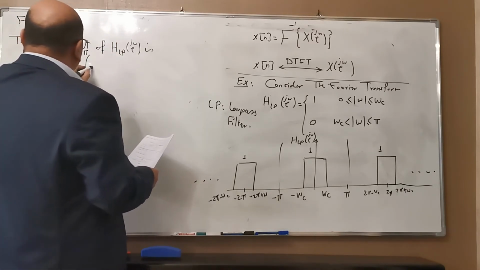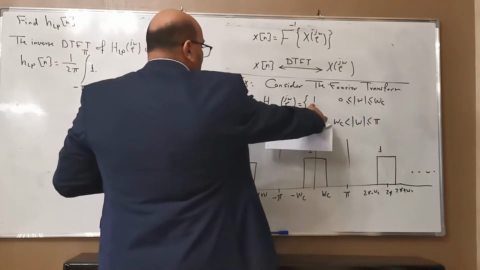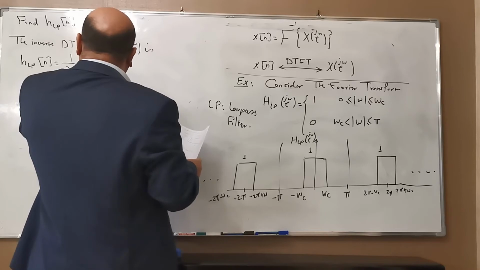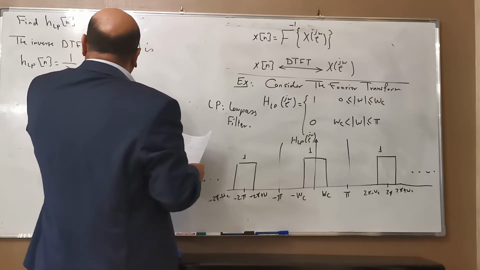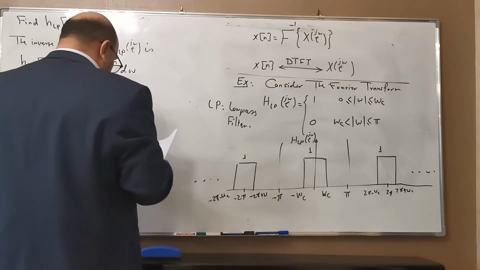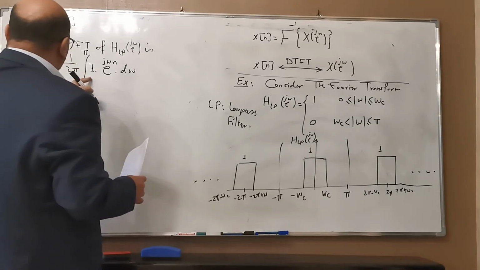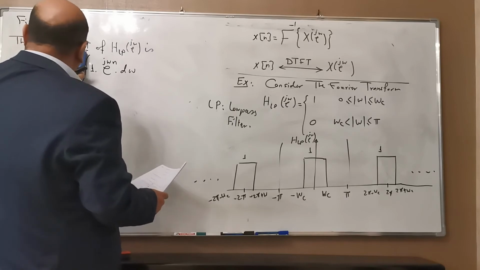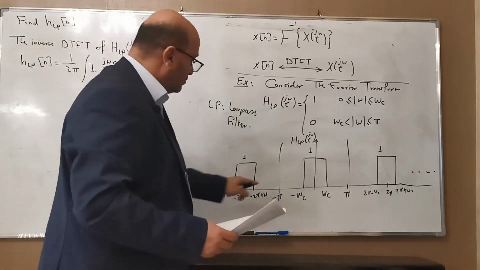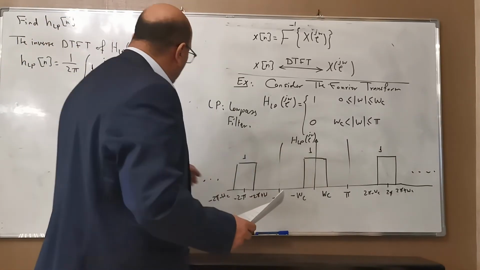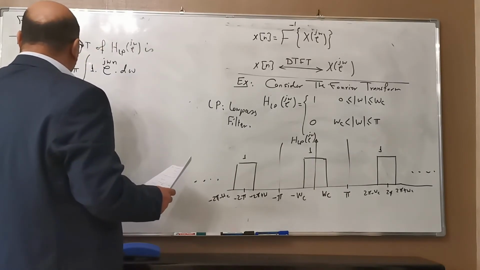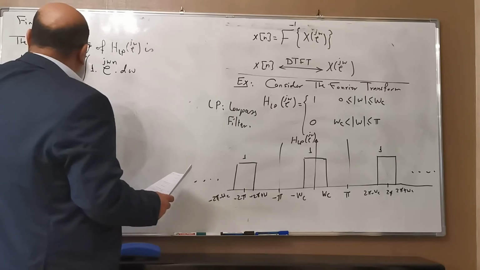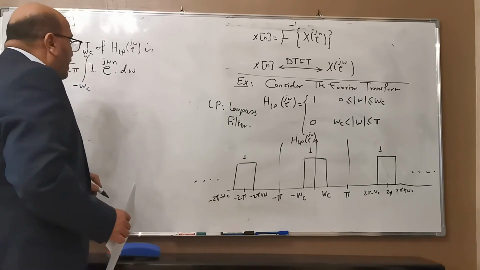The amplitude is 1, e to the j omega n d omega. Sorry, if I put it 1, I have to put those from minus omega c to plus omega c. So this is from minus to plus omega c.